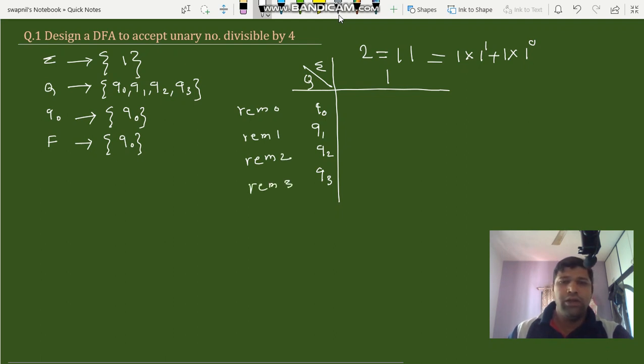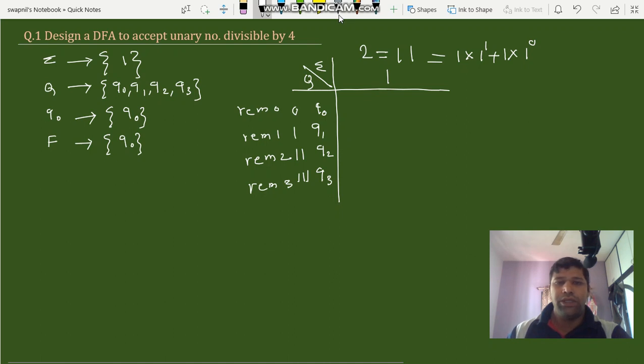These are the 4 states. In unary, they are represented as 0, 1, 1 1, and 1 1 1, a triple 1.